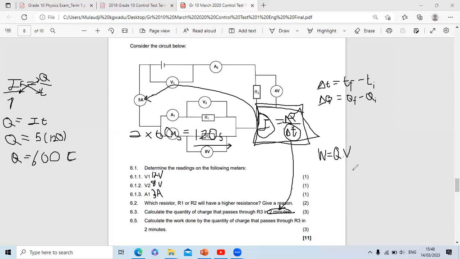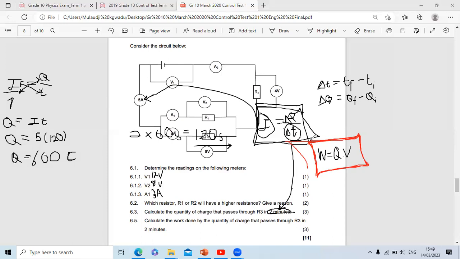W equals QV. I don't think so, but they ask you a question about it, so just know that the work, you can also note this one down.